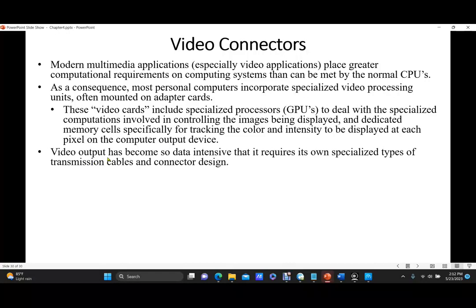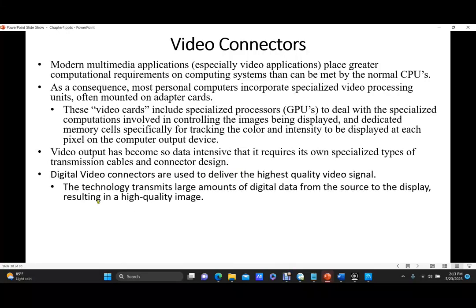Video output has become so data intensive, it requires its own specialized type of transmission cables and specialized connector design. Digital video connectors are used to deliver the highest quality video signals.